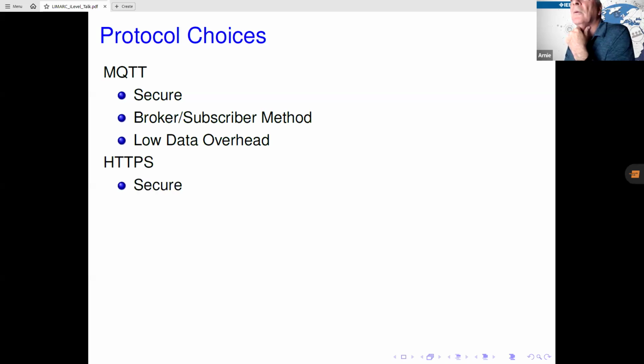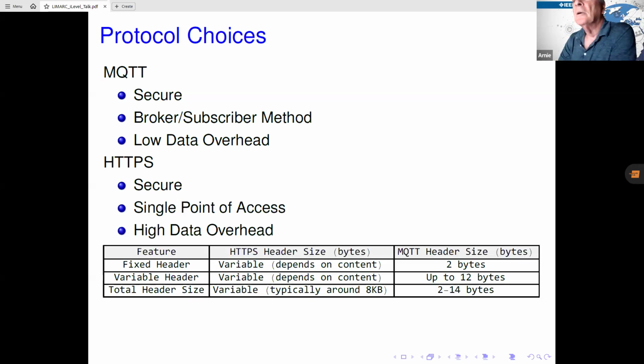It's really just one person looking at one piece of data. So we figured we'd go the browser method, HTTP, which is secure. However, it does have a high data overhead, and that is the disadvantage of HTTP over MQTT. The number of bytes transmitted per session is quite large for HTTP, but that requires you to look at the data plan that you're going to purchase for your cellular transport.